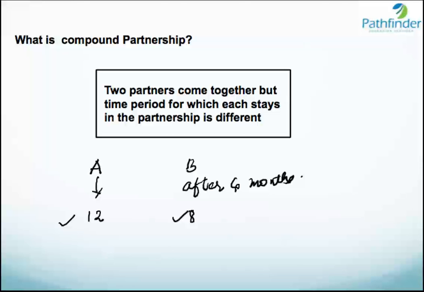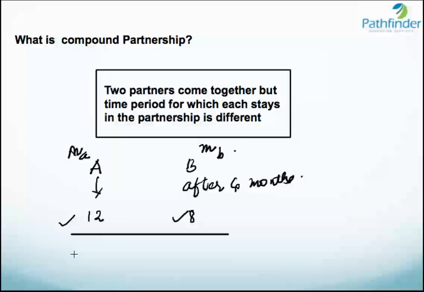Now, what will differ in compound partnership is the way in which the profit will be distributed. So how will you distribute profit in case of a compound partnership? Suppose A invested an amount of money, let's call it MA, and B invested an amount of money, let's call it MB.